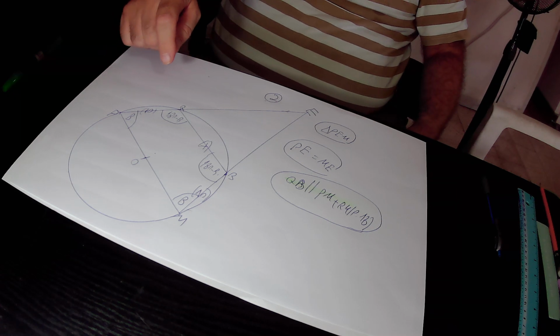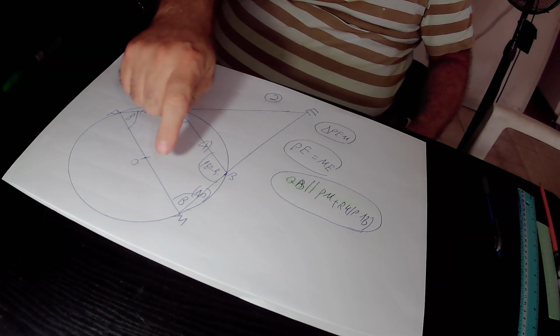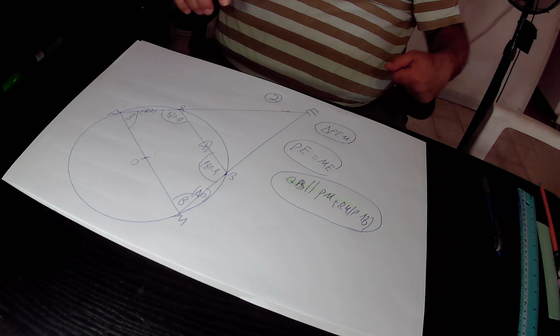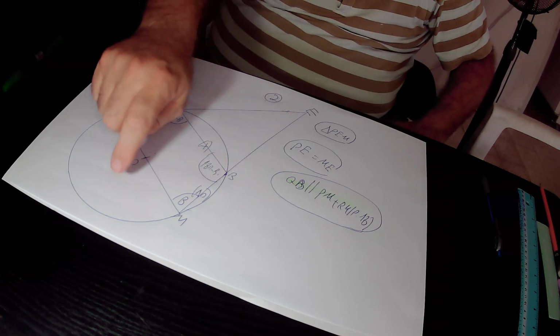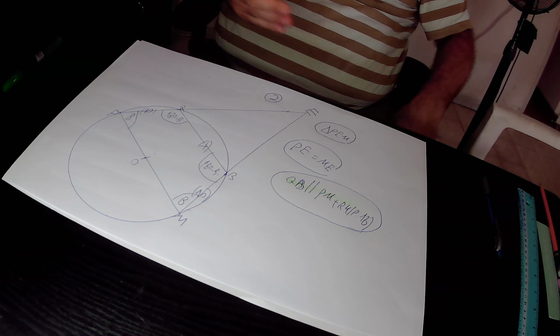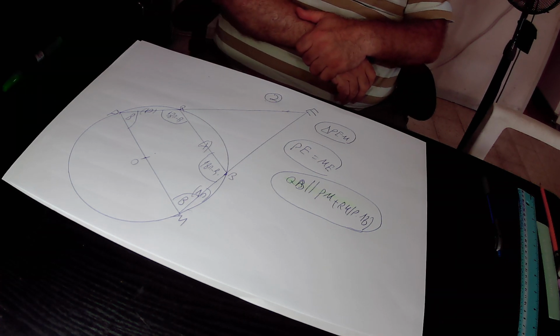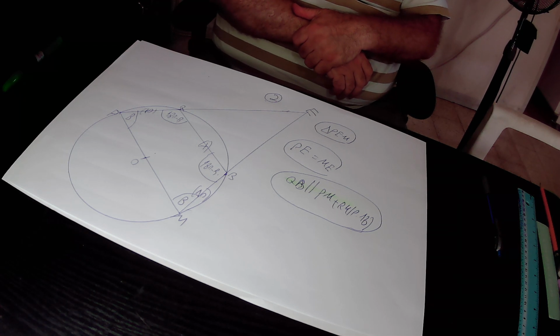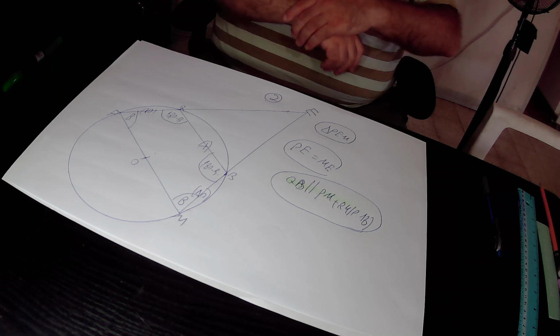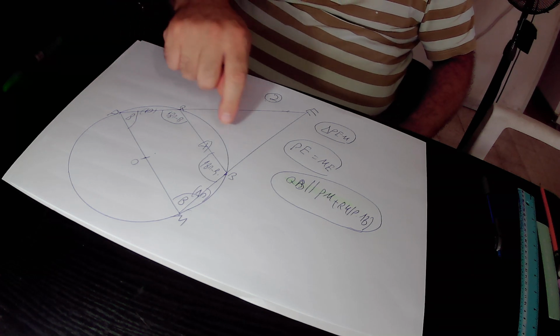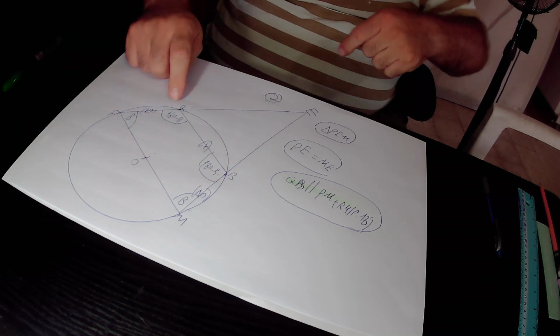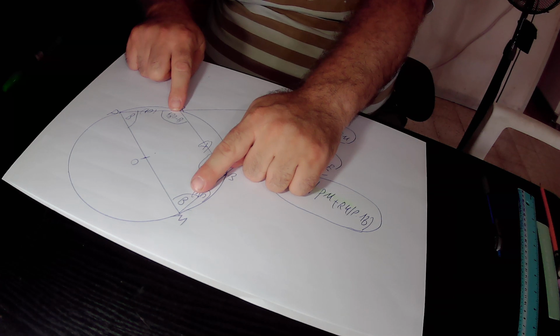In the next step, I completed this semicircle to a circle. So in the drawing we have quadrangle PQMB that is inscribed in this circle. And according to rule 16, in any quadrangle inscribed in a circle, the sum of its two opposite angles must be equal to 180 degrees. So quadrangle PQMB is inscribed in this circle, and therefore the sum of those two opposite angles must be 180 degrees.